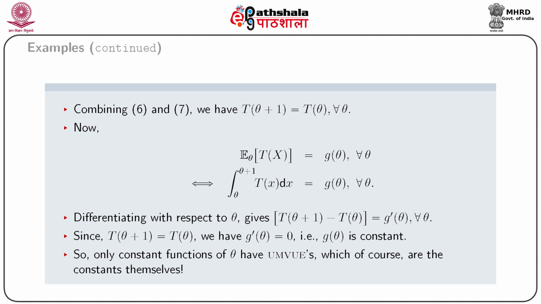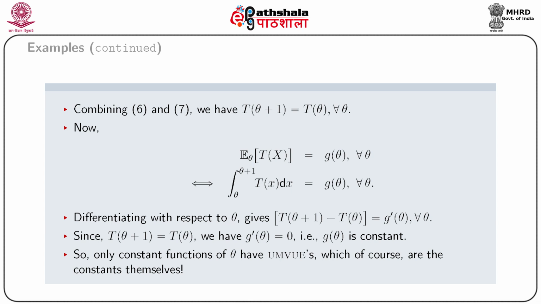Now, expectation of T is equal to g(theta) for all theta, which implies integration from theta to theta plus 1 of T(x) dx = g(theta) for all theta.